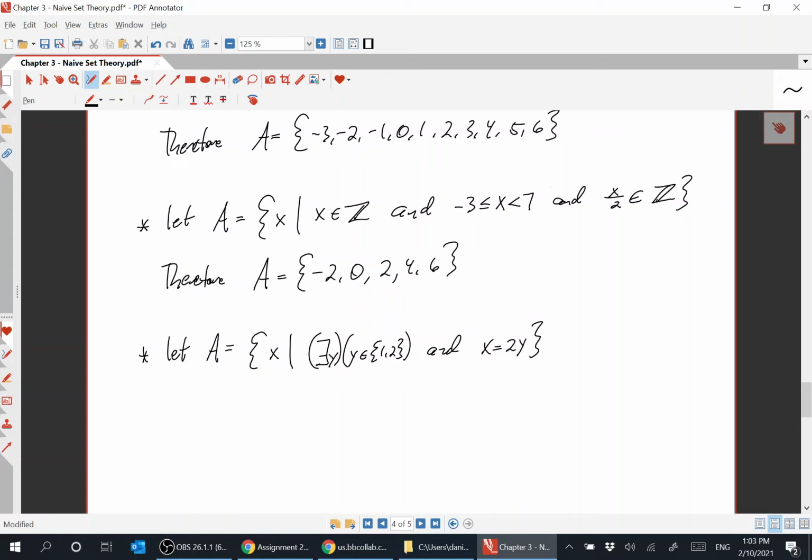Let A be the set of all elements x such that there exists a y with y an element of the set {1, 2}, and x is equal to 2y.